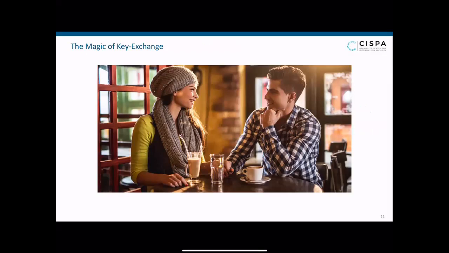And to wrap this up, if you quickly think about what such a key exchange protocol does in real world terms, it is the following. Imagine you're sitting in a cafe at a table with two other people, and you can listen to what they're saying, right?